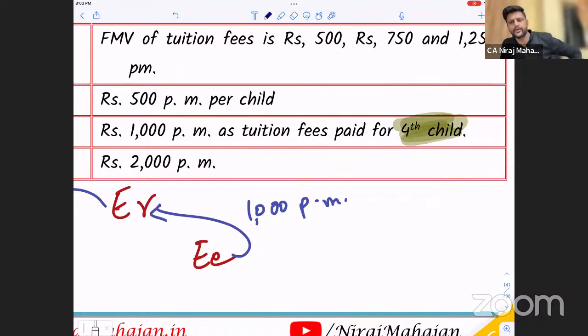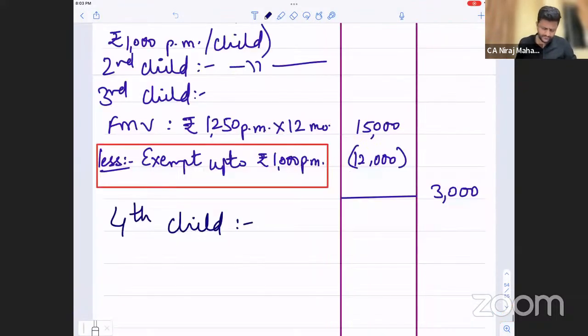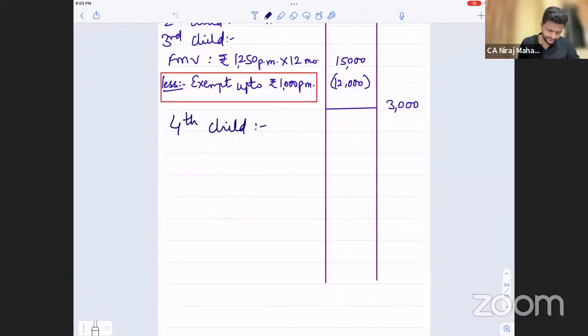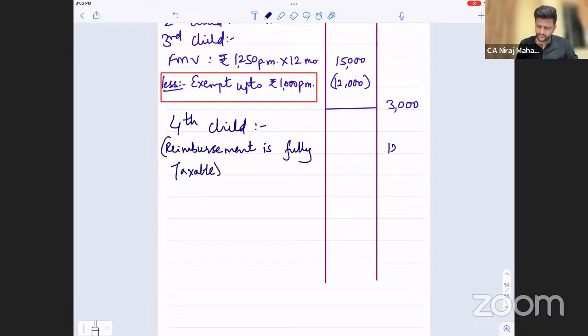Very important: the employer reimbursed, and reimbursement is fully taxable. That is 12,000, right? 12,000.